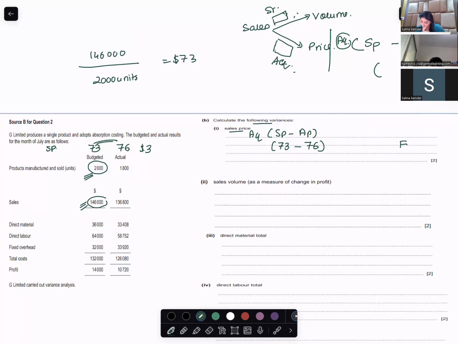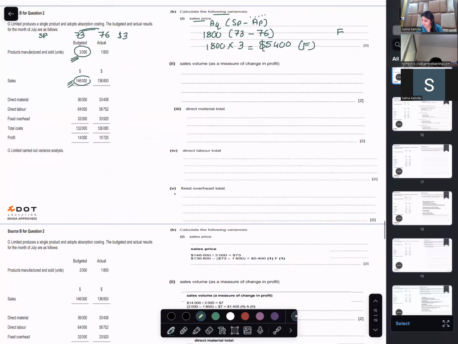Actual quantity is how much? 1,800. So 1,800 into three, because it's favorable. We just use this formula for our reference, but adverse and favorable, we have to decide. Are you with me? Okay, now the next one.